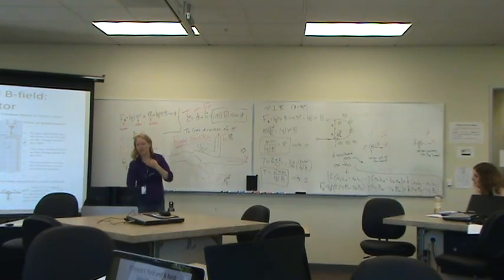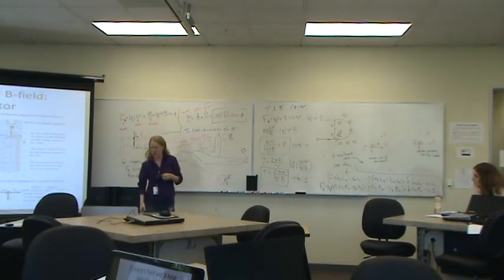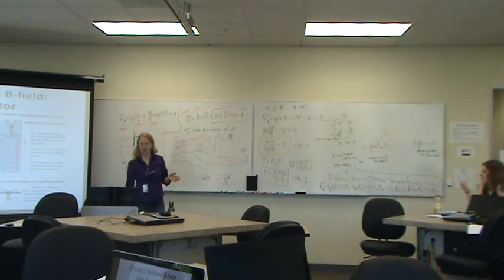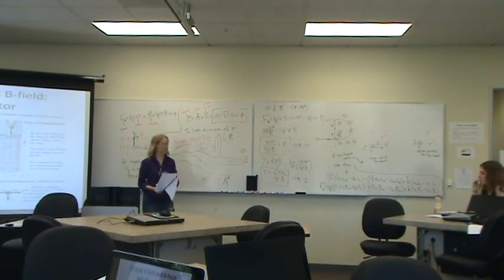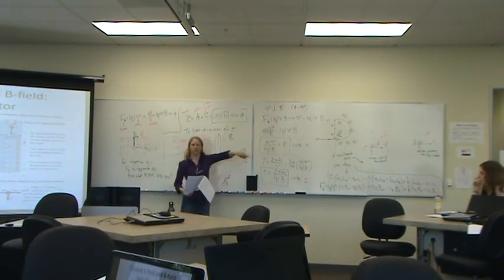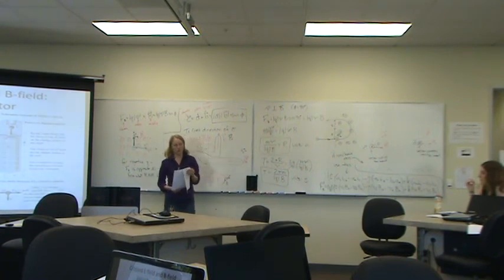So they can use that to grab specific particles, and they could also use this if they've got an unknown particle to figure out what its mass is based on the radius at which it hit the detector.